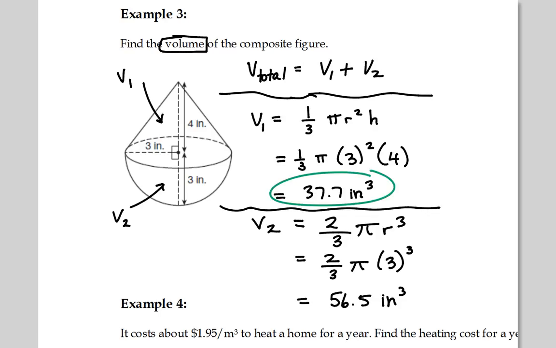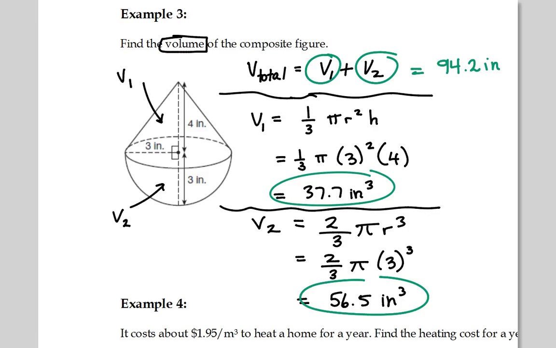All right, taking these two values for V1 and V2 and adding them up, I get V total 94.2 cubic inch. This one's not brain surgery or anything like this.